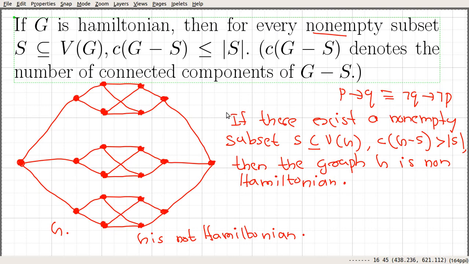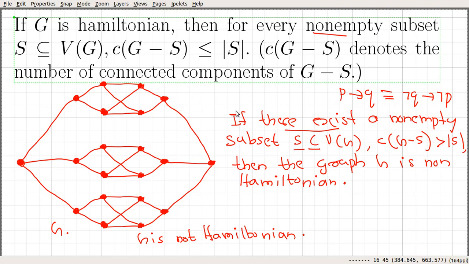Okay, so in order to prove that a graph is not Hamiltonian, we only need to exhibit a non-empty subset that satisfies this condition. If you are able to come up with such a subset, then we can say that the graph is not Hamiltonian.